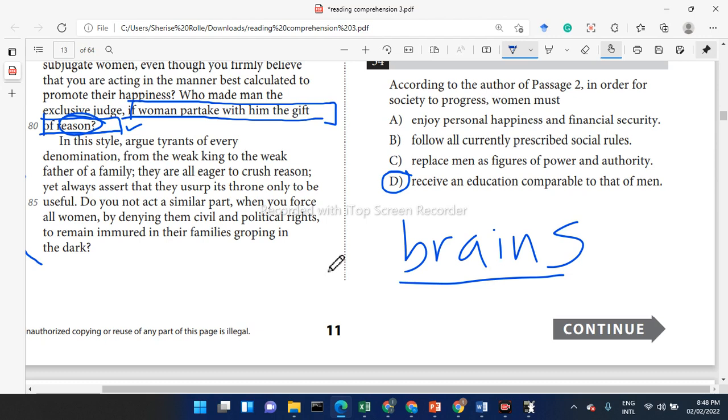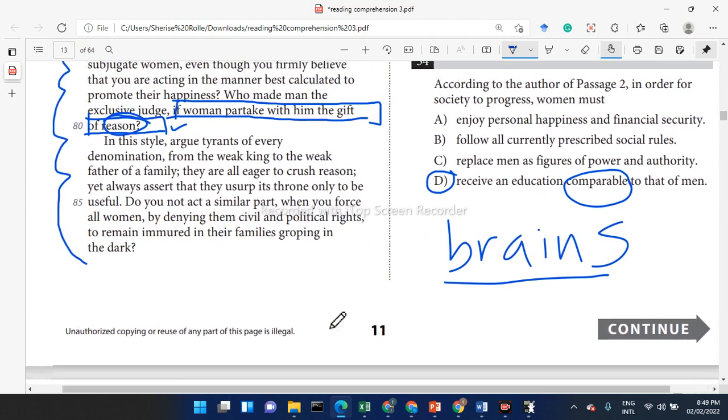They have to know how to read, how to do arithmetic, and be comparable to men. They cannot be less sharp. They must be on par. Otherwise, how can they train up the little ones, or even function in society themselves?